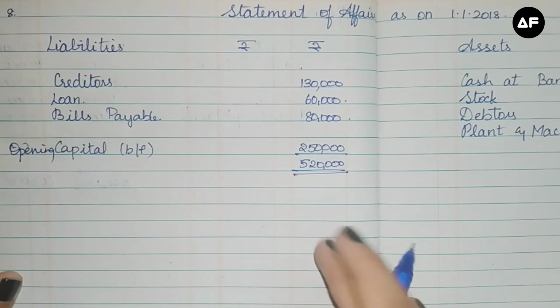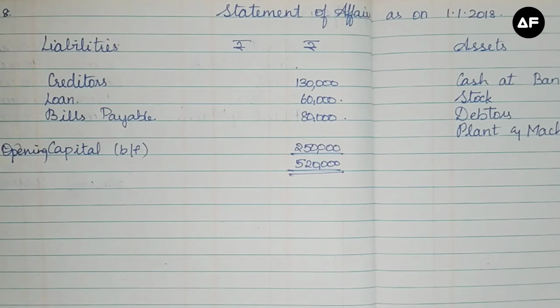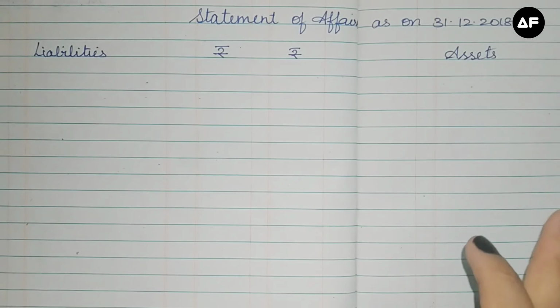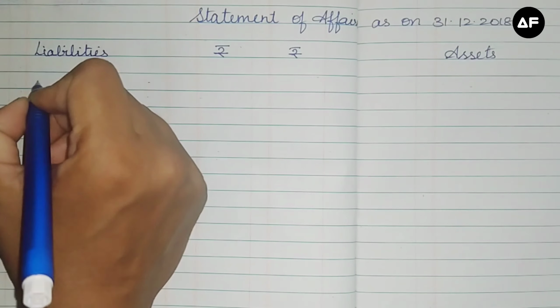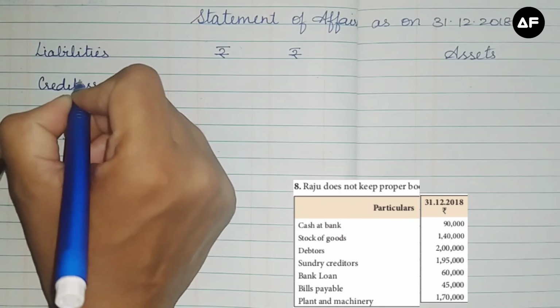After this, I'm going to open a statement of affairs for 31/12/2018. So I've opened a statement of affairs on 31/12/2018. Now I'm going to concentrate only on the column which shows me the balance of 31/12/2018. The items don't differ. The first liability is the same, creditors, but my balance may differ.